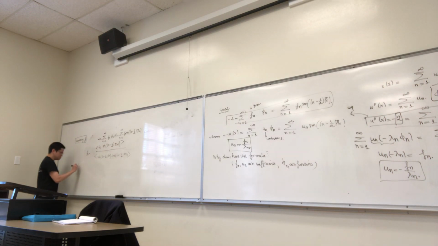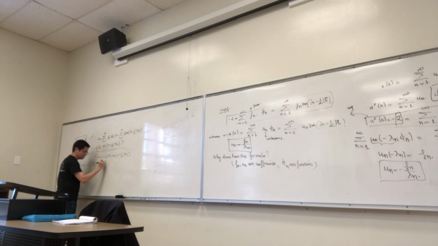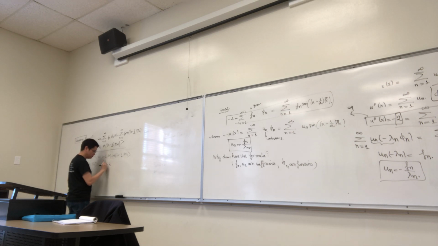So what is minus 2 and sinus of n minus 1/2 pi x? This is the integral from 0 to 1 of minus 2 sinus of n minus 1/2 pi x dx.